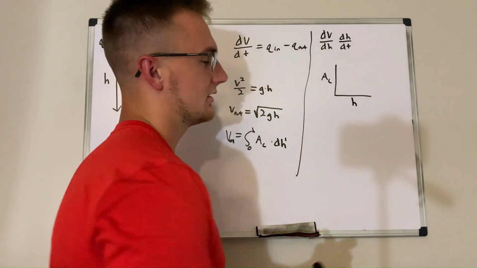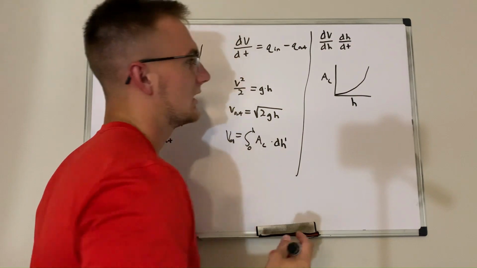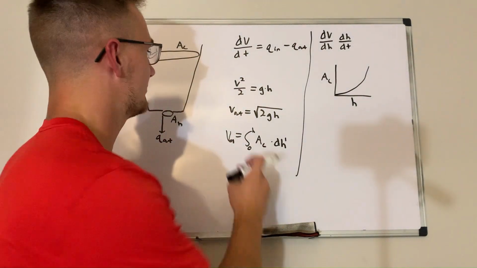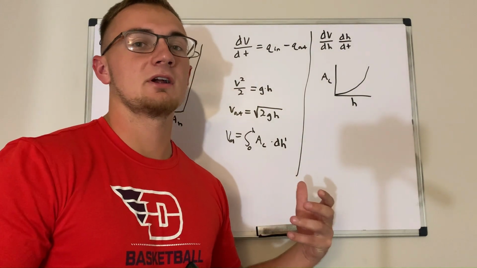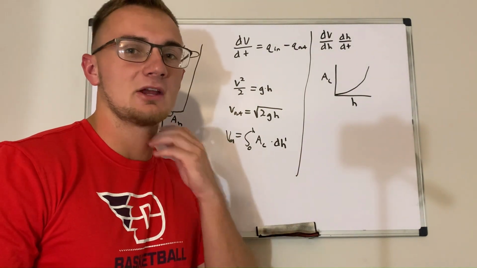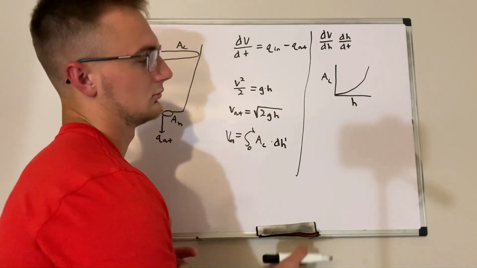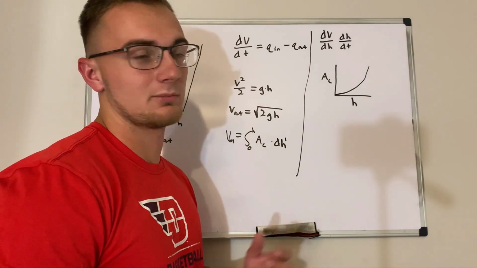If we make a plot of this, it will end up looking something along these lines. We know this makes sense because as we go up in height, our cross-sectional area will change as pi r squared, which is a quadratic. So we'll have some sort of parabola-looking shape on this plot.